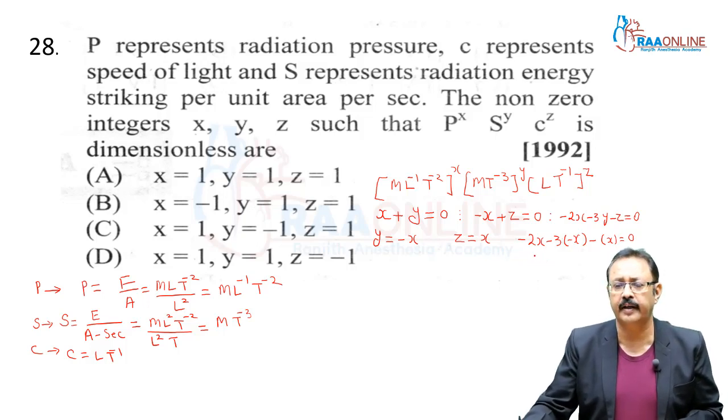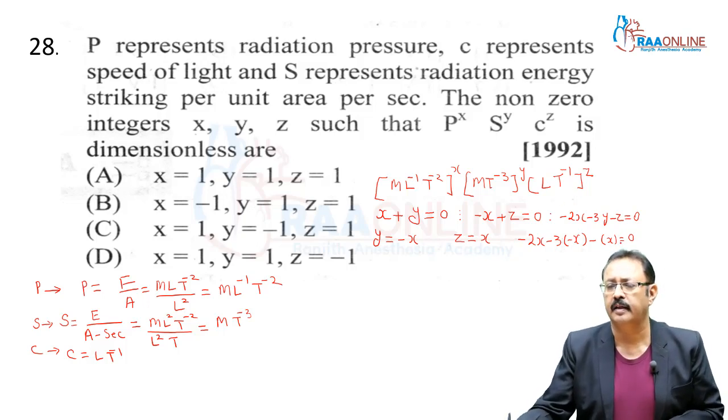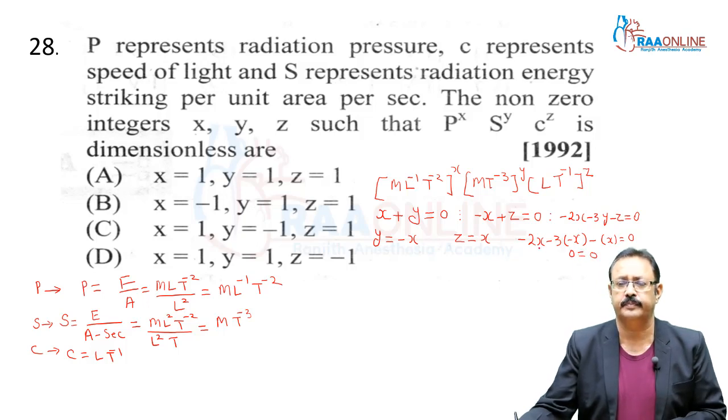So what are we getting here? We want this dimensionless. So we get 3x and 2x. This is plus 3x minus 2x, x minus x, 0 is equal to 0.